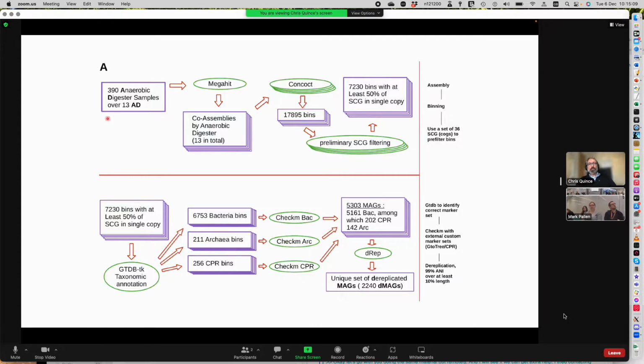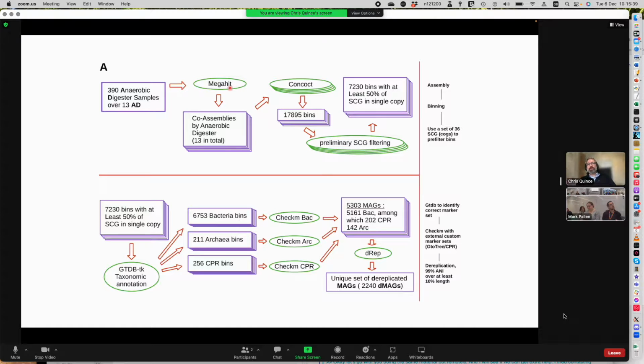So what Seb did is, in total we had 390 AD samples from these 13 reactors. We ran co-assemblies on each reactor separately. We didn't do a giant co-assembly of all reactors because firstly, it was probably beyond what we were capable of doing with our computers, and secondly, we know that there are different microbes in different reactors.